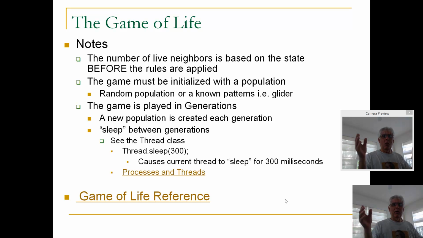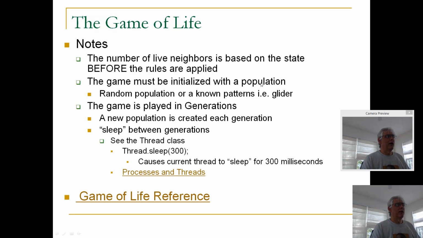The idea being you don't want to disturb the state of the array, or the generation or population, if you will, that you're working in. It's conceptually pretty simple, but make sure you understand that. And that's why you should have two 2D arrays.